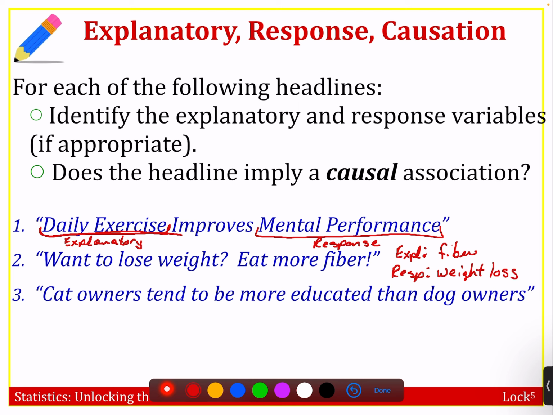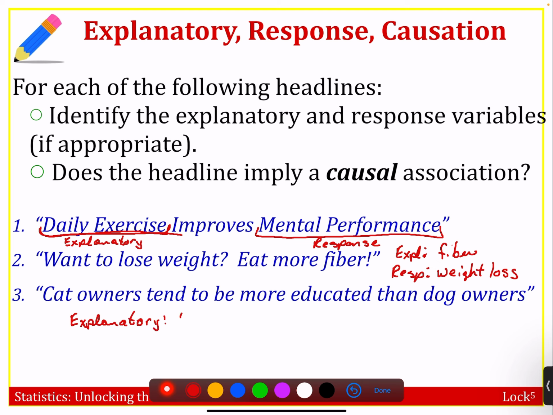Cat owners tend to be more educated than dog owners. The explanatory variable would be cat or dog, so this is a categorical variable.